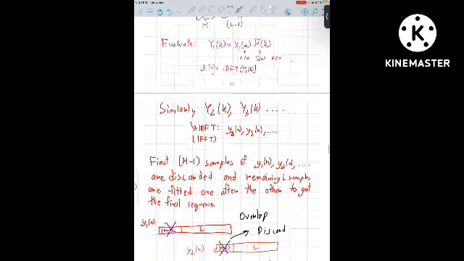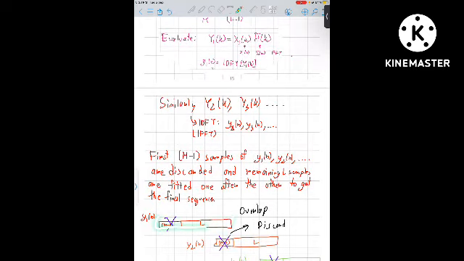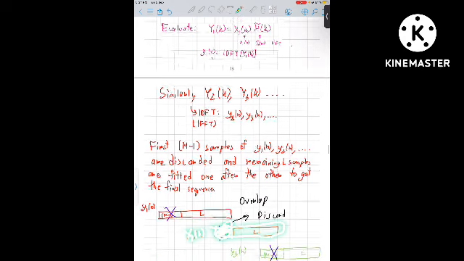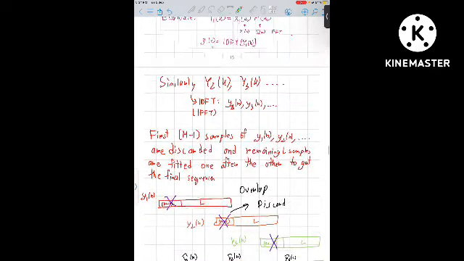Discard, and then I have the y3 of n, m minus 1 samples and then L of them. What do I do with them? Discard. And I keep doing that for all the blocks that keep on coming to me, and then I merge all of these.